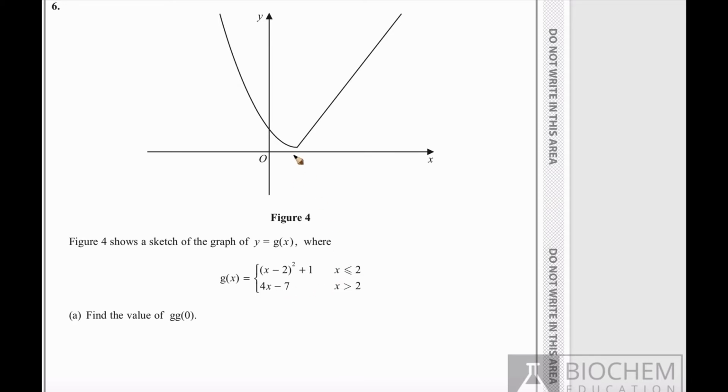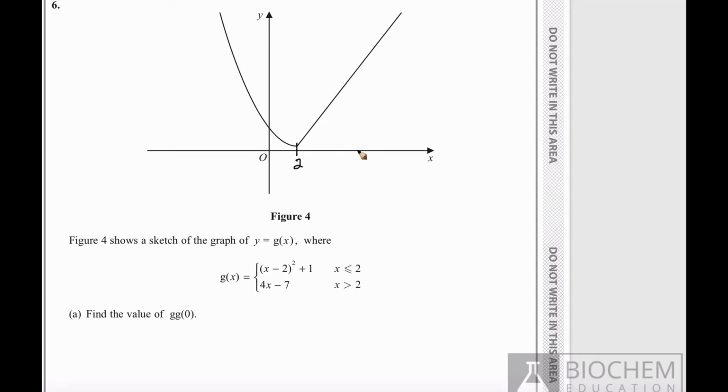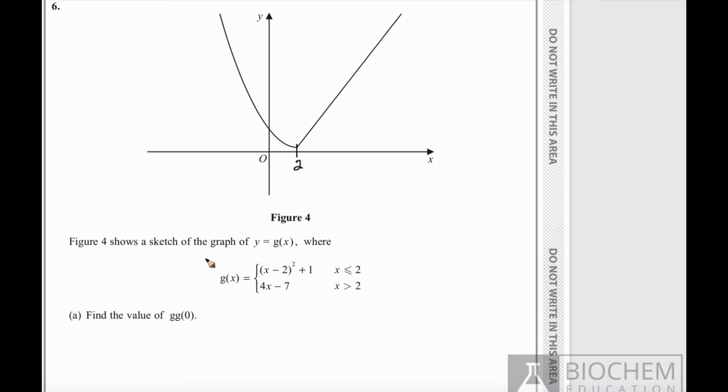Looking at the graph, we can see that this is x equals 2. For any values of x greater than 2, g of x is defined by a straight line, which is 4x minus 7. And for any values of x less than or equal to 2, this is defined by a curve, which is a quadratic equation with a minimum point at (2, 1).